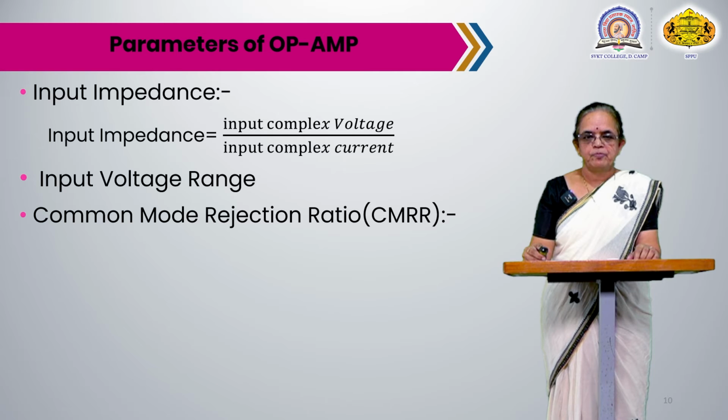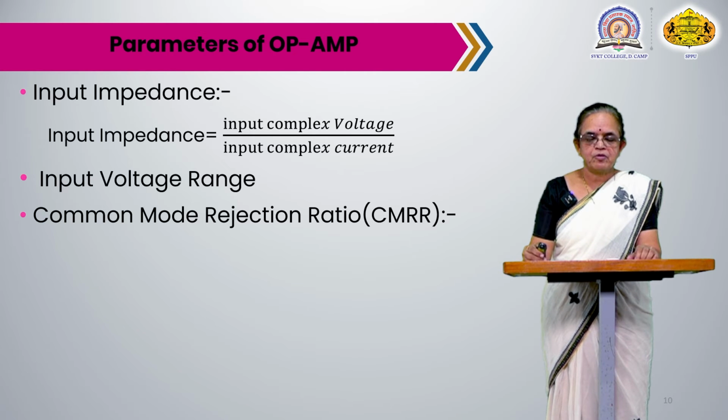Now, input voltage range. Before input voltage range, we have to consider common mode. Common mode means that the same source is connected to both the inputs, inverting and non-inverting input, and then you can say that there is a common mode of the operational amplifier.